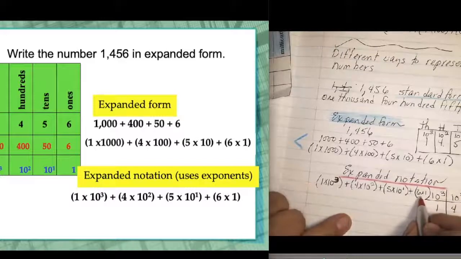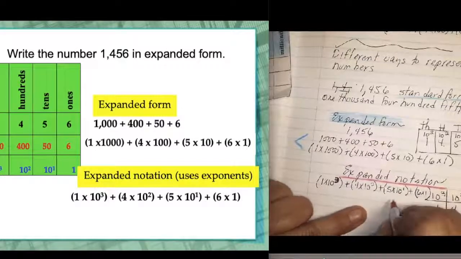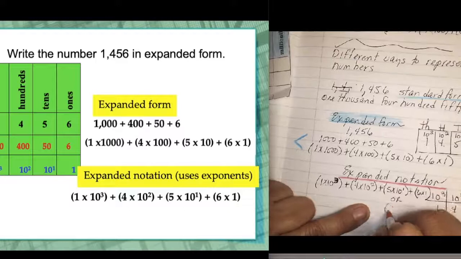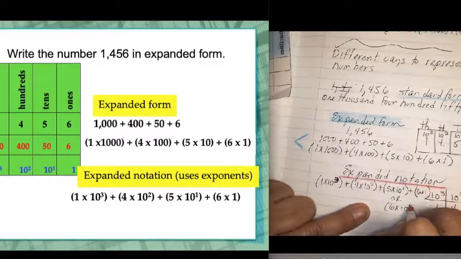Now, if I were in pre-algebra or high school, then I would probably write it as 6 times 10 to the 0 power.